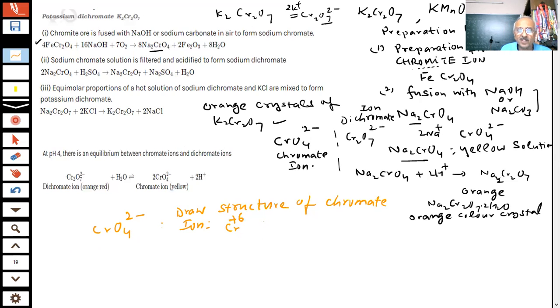Chromium is in +6 oxidation state. This is a chromate ion, students. So what will be the shape or structure of CrO4 2 minus? I've drawn it in yellow color because it is yellow in color. This color is important, student.